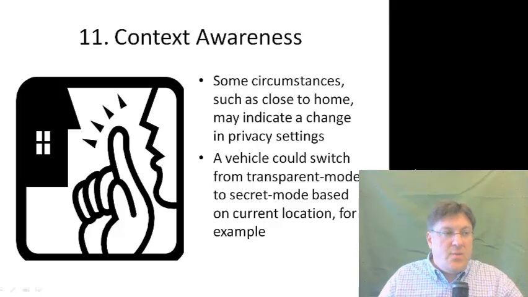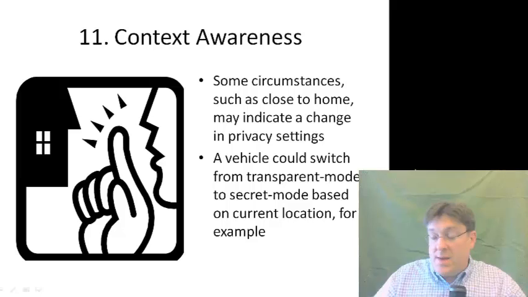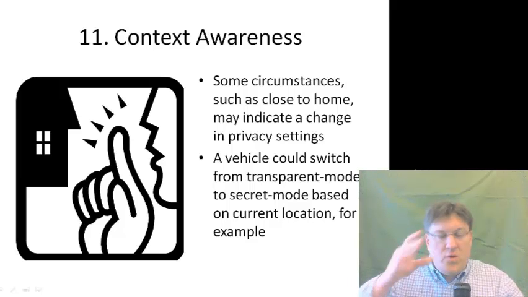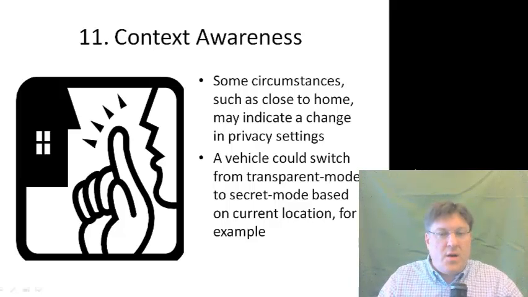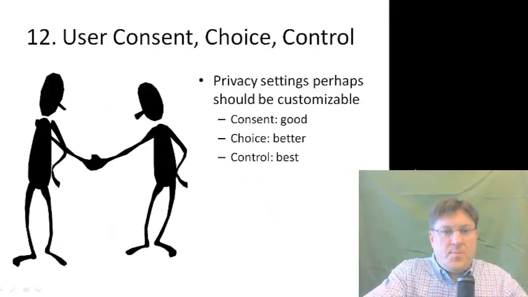There may be times when you are by a government building, say, and you want to go transmission, identity transparent. There might be other contexts, maybe who's driving the vehicle may have an effect on the context. The idea is the privacy system should be aware of its context and set itself based on the right conditions.